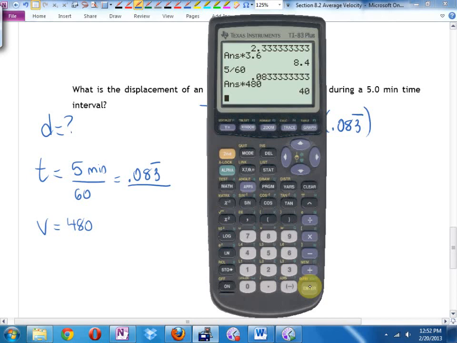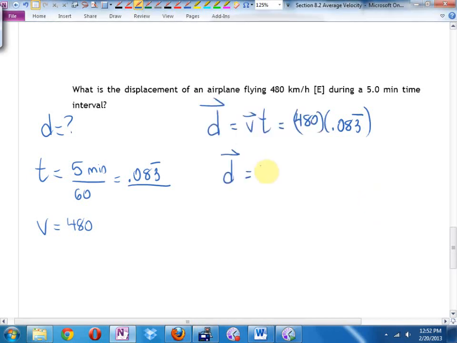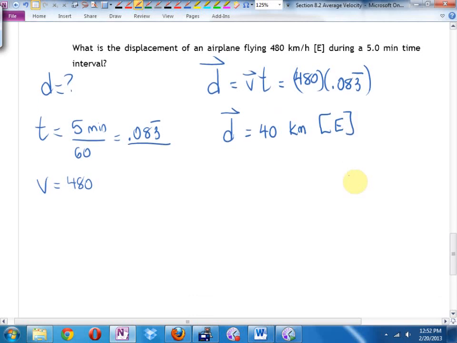How far do we travel in 5 minutes? It's displacement. There's our direction. Okay. That's a little mixing and matching.